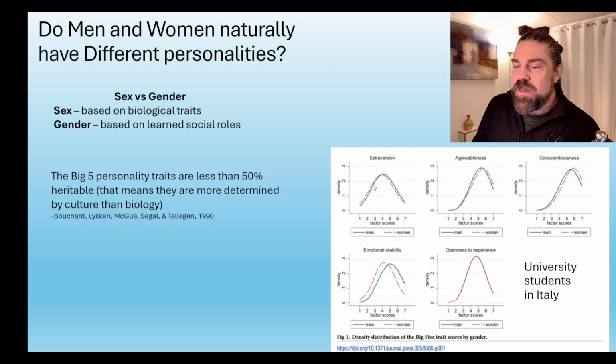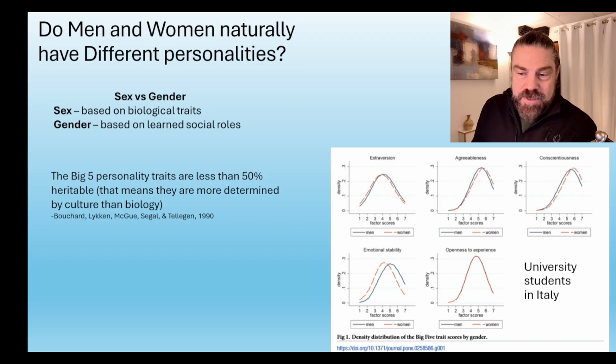So you can't really clearly say that men are more extroverted than women in any meaningful statistical way here, especially when you consider that about half of this result could be assumed to be related to culture, institutions, socialization, and not natural at all.